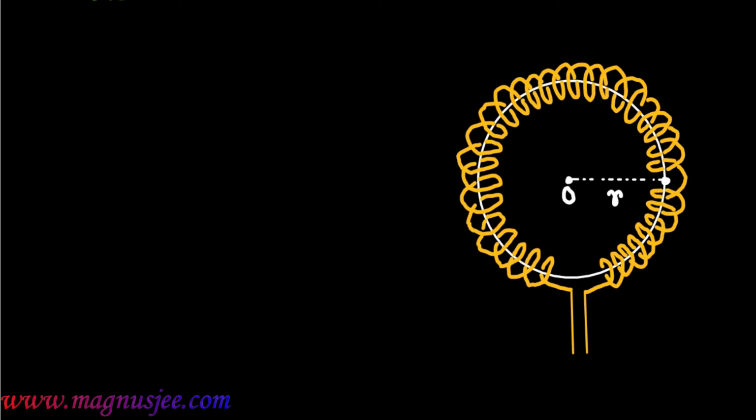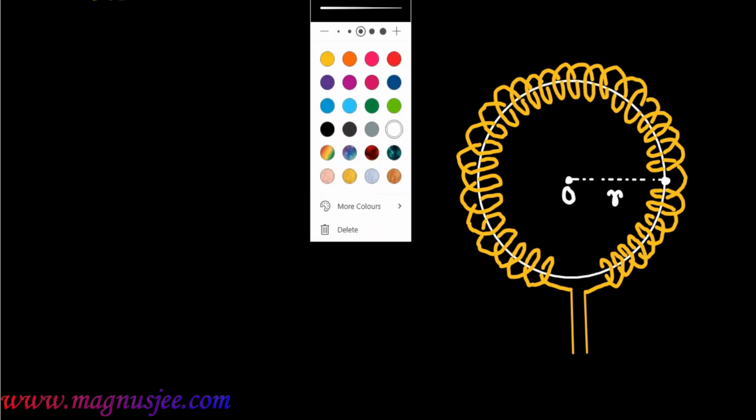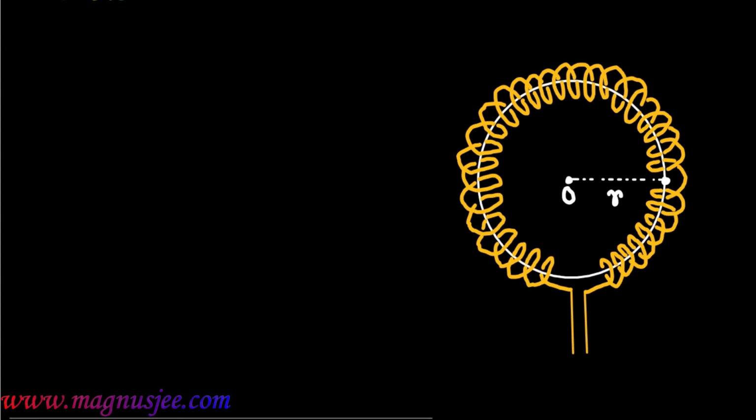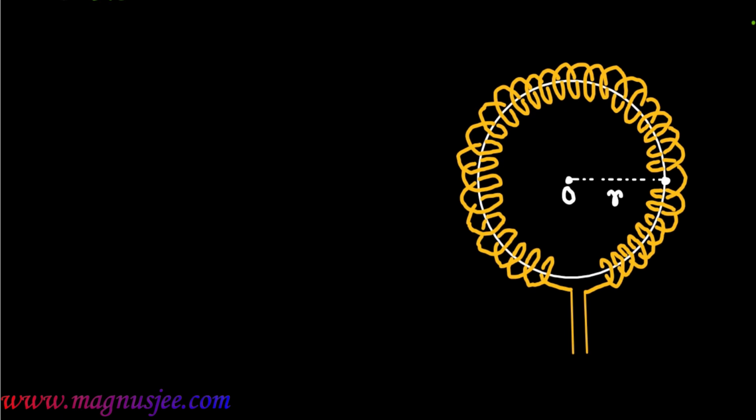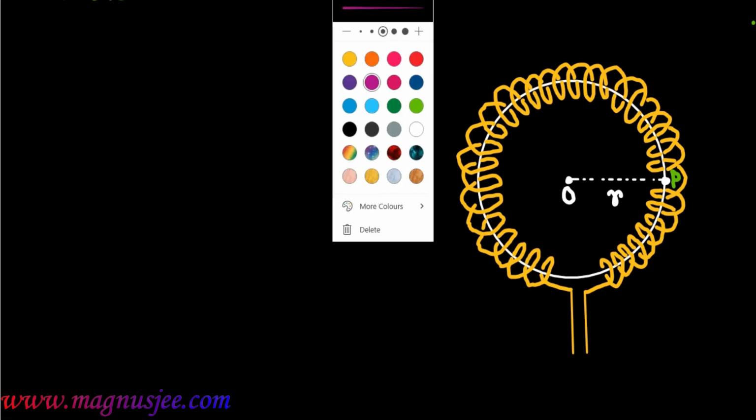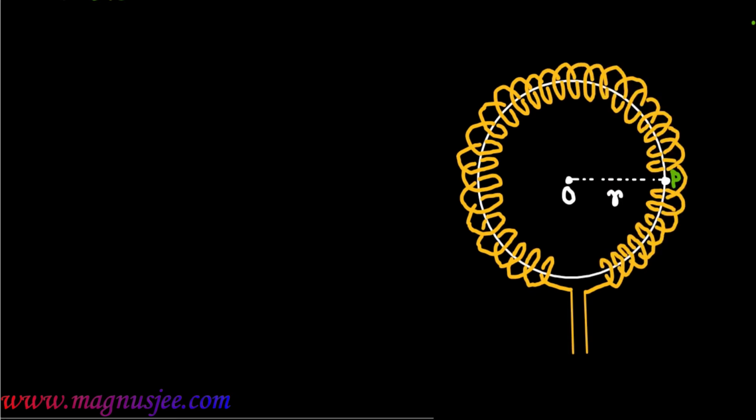R is the radius of this ring, O is the center, and we consider a point P on the axis of this ring or on the ring.